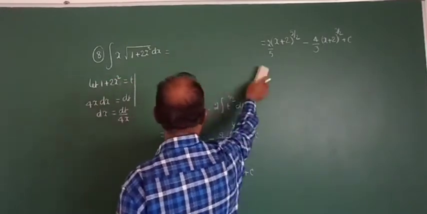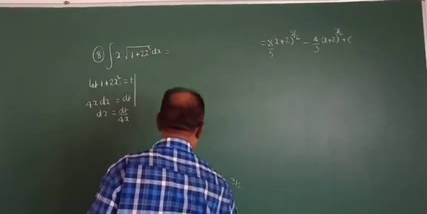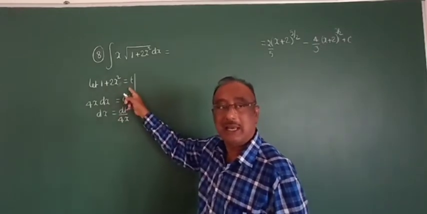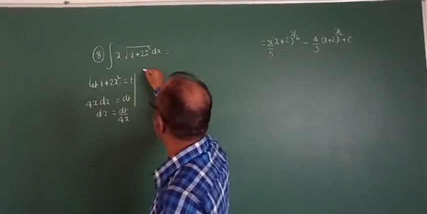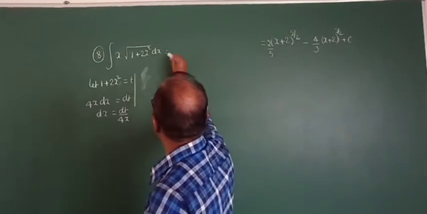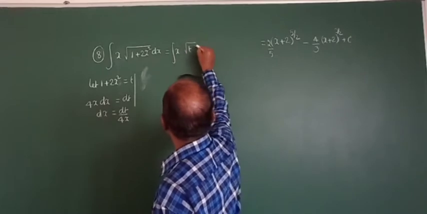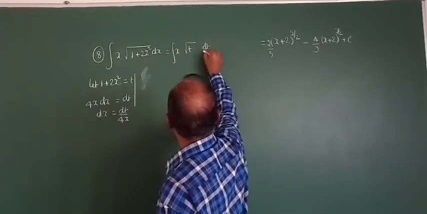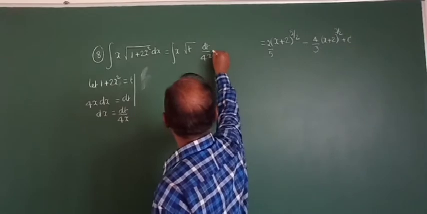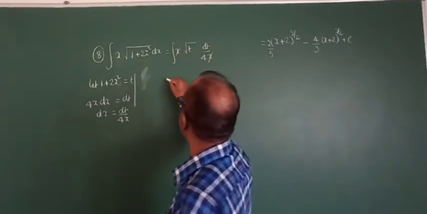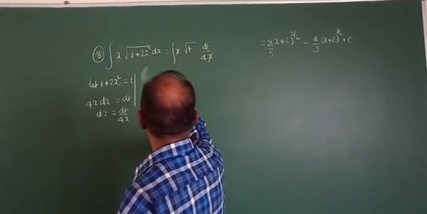Right, substitution, everyone. Here it is not x, here it is x square. So the integral of x root t, dx is dt by 4x. The x term should be cancelled. Now take the 1 by 4 coefficient outside.